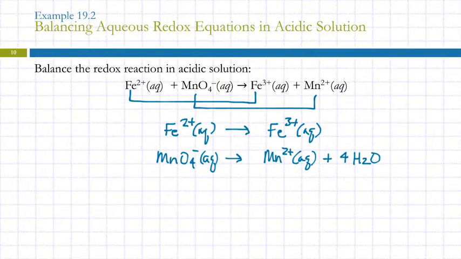So that took care of the oxygens, but it introduced another problem. Now I've got hydrogen in here. It wasn't there before. This is where we balance the hydrogen by adding hydrogen ions. This is an acidic solution. In an acidic solution, we have extra hydrogen ions.